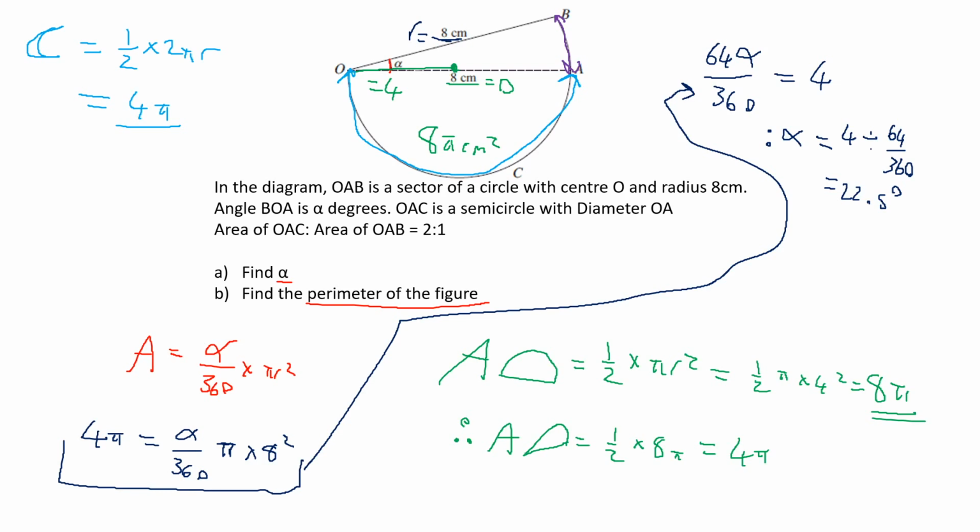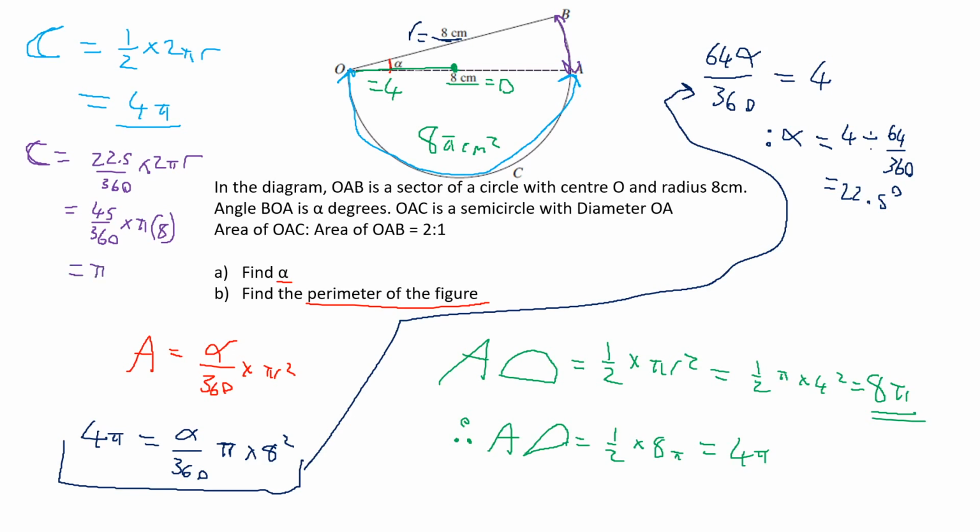What about C for the sector? C is going to be 22.5 over 360 times 2 pi r. We know r is 8, so it's going to be 2 times 22.5, which is 45, so we can say 45 over 360 times pi times 8. If we work that out, we get an answer of just pi.